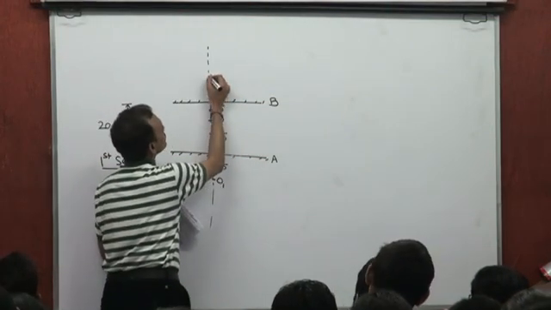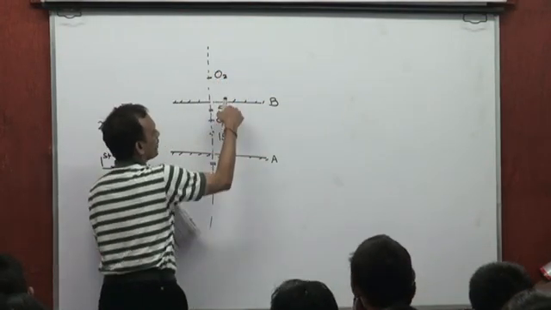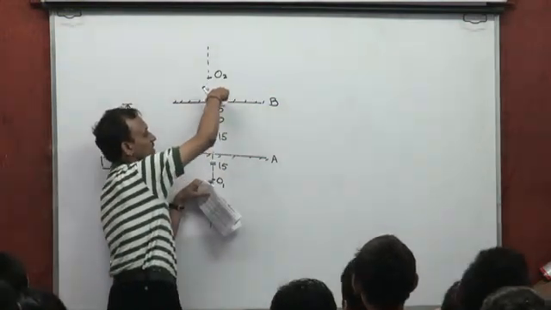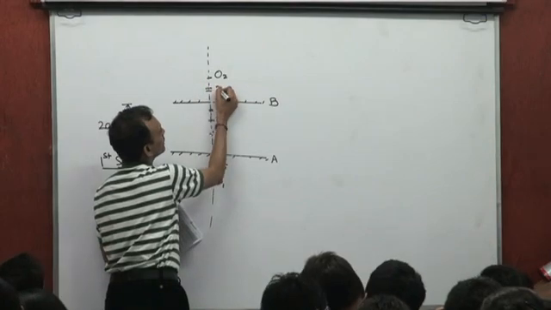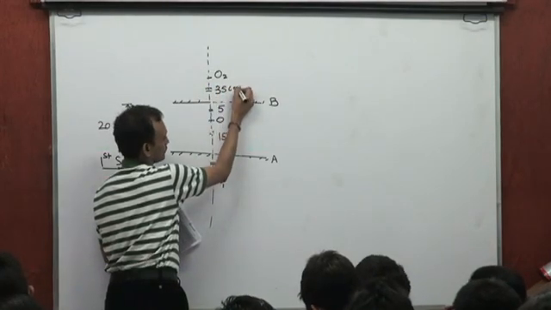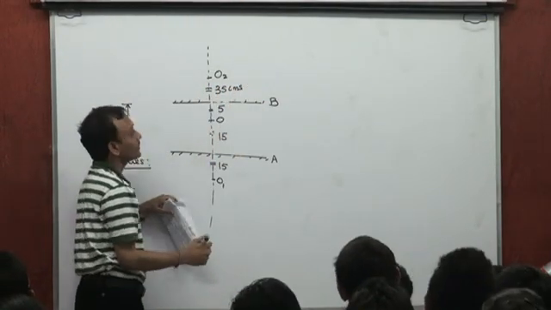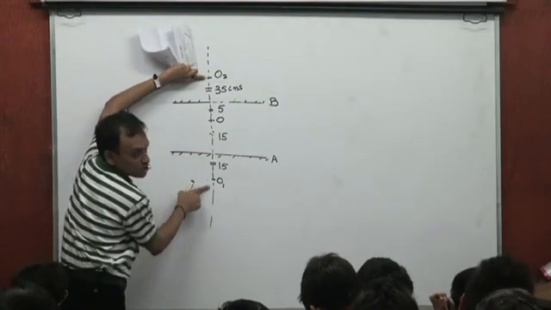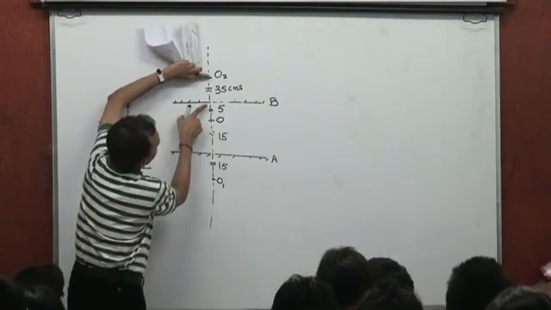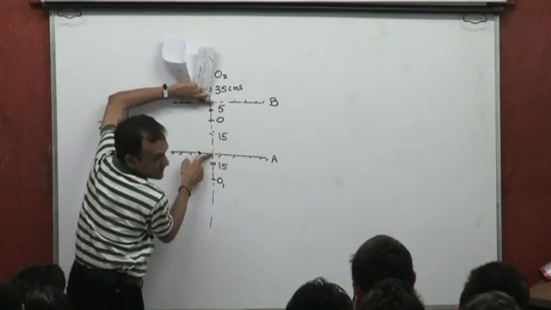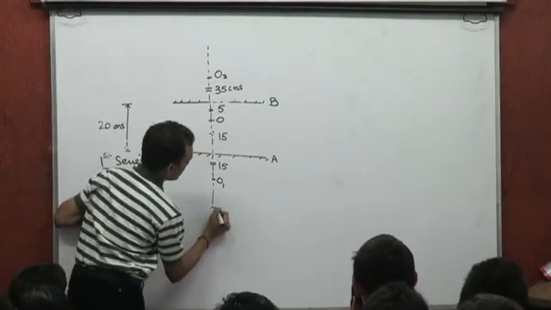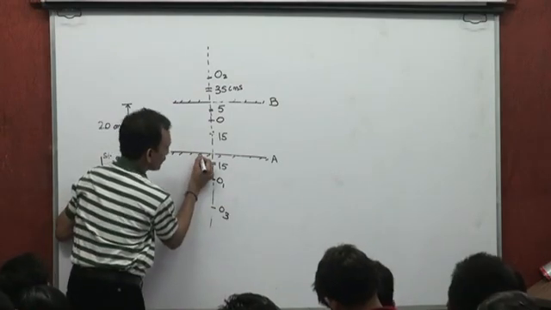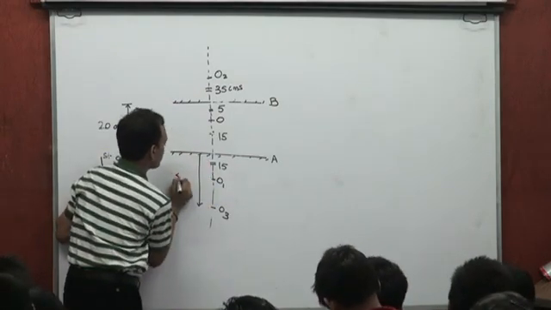So the image distance of O2 from B is 35 centimeters. Now O2 serves as the object for this. So now object distance is 35 plus 20, which is 55 centimeters. So the image distance O3 would be 55 centimeters.